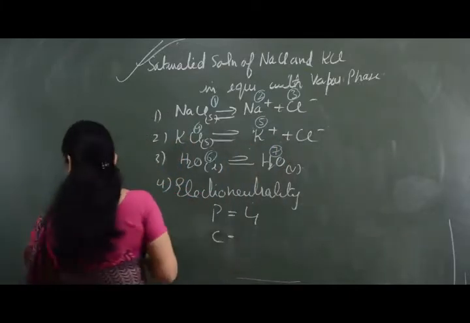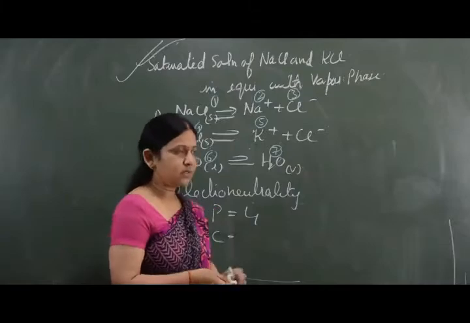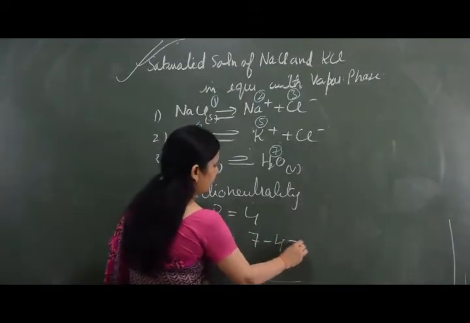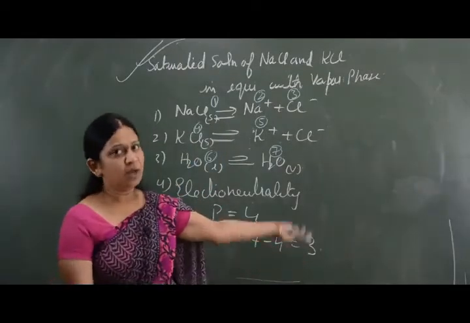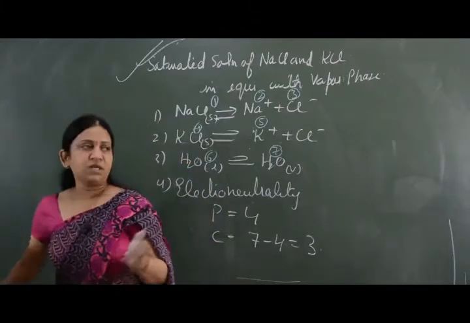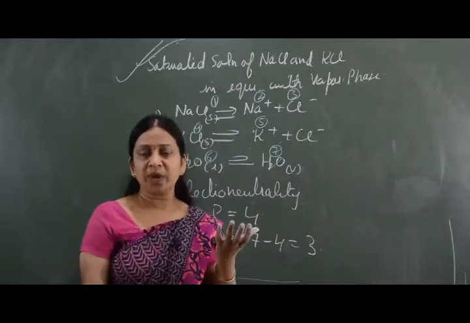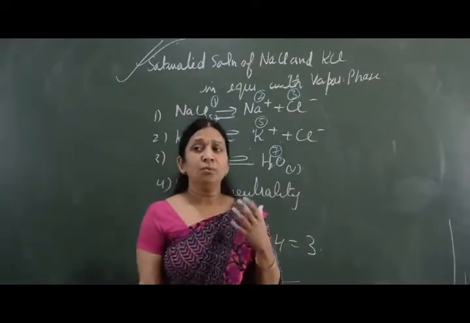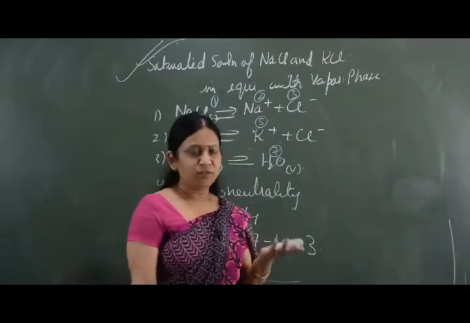So we have got 7 substances, and they are related by 4 equations. So it is a 3 component system, and then by applying phase rule we can calculate the degree of freedom. This is how we calculate how many phases are there in the system, how many components are there, and what is the degree of freedom of the system.